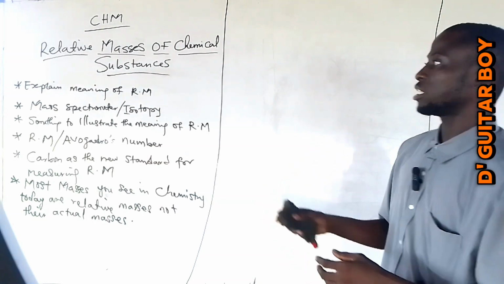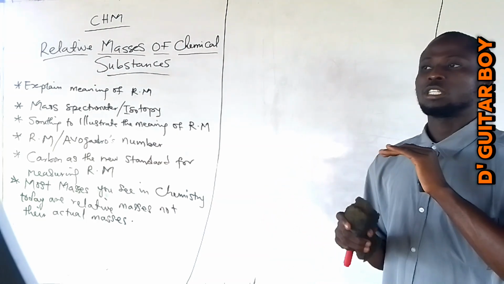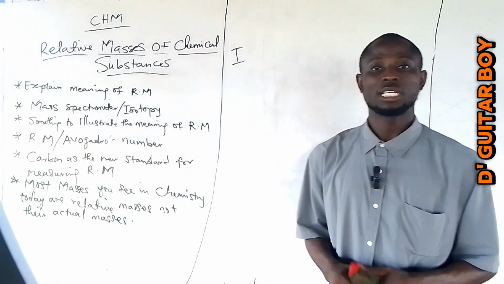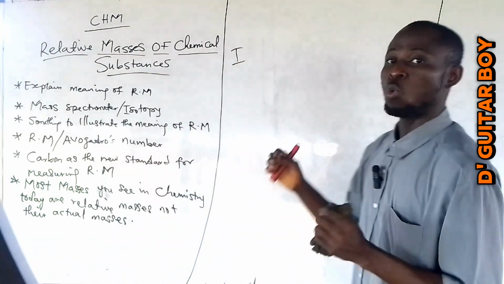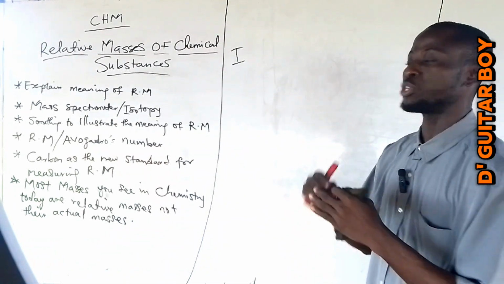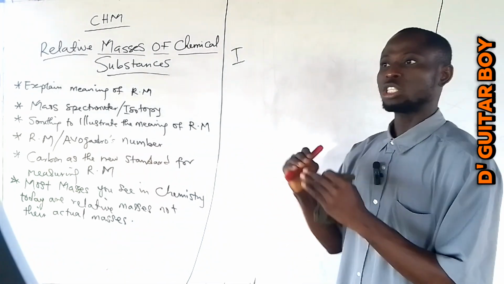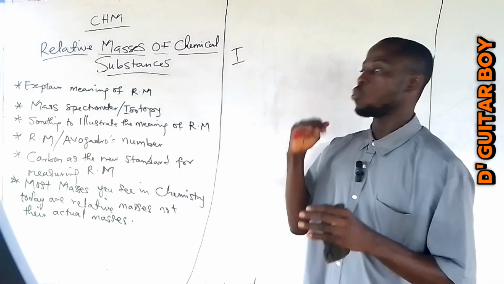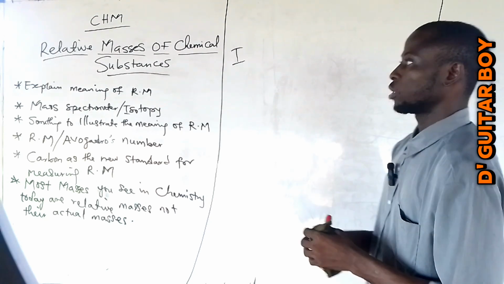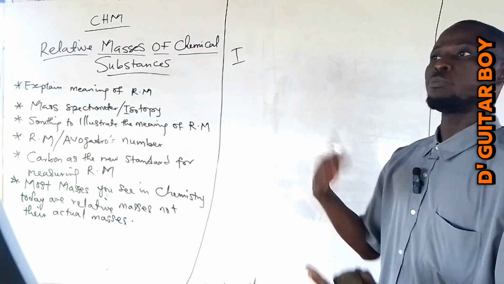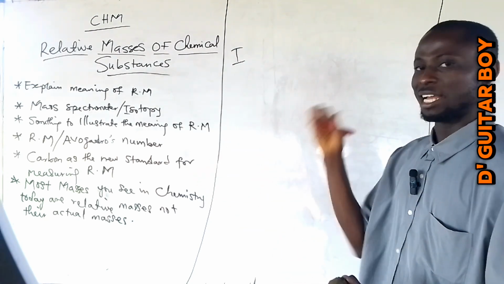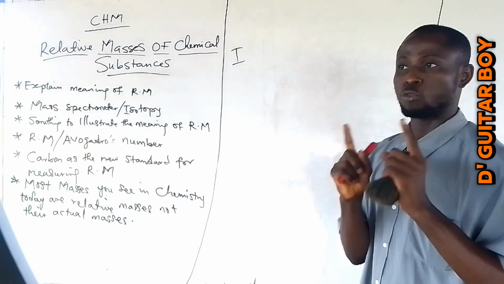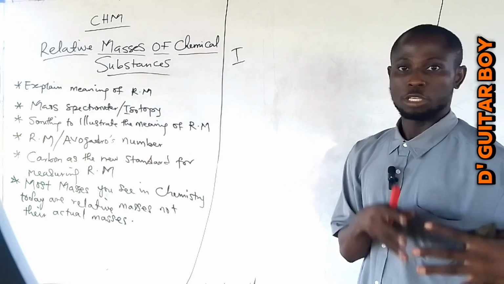Now, in that case, hydrogen, being the lightest element, was assigned a value of 1. The reason being that they wanted every mass of a substance to be 1 and above, so that nothing will be 0.9, 0.4. So if hydrogen is 1, helium will be more than 1, and the others will be more than 1, according to the actual mass of a unit of the substance.